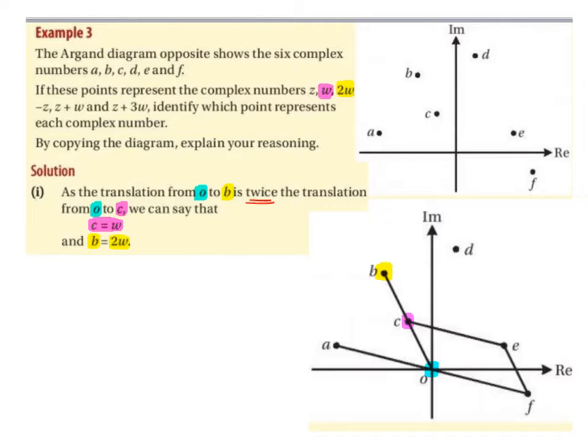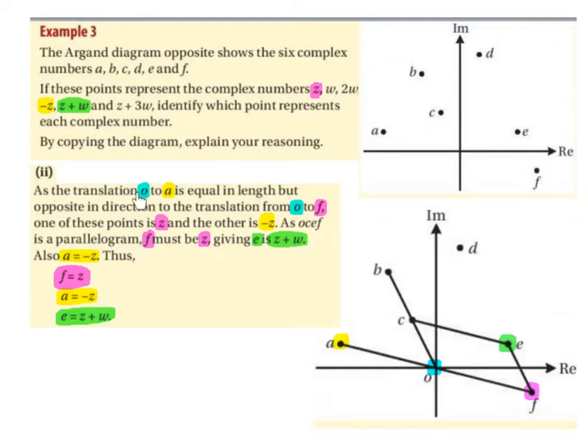So we can clearly see that from O to B is twice the length of from O to C. And so since in our options we have a w and then we have a 2w, the w must be C and the 2w must be B, because this is clearly twice this.